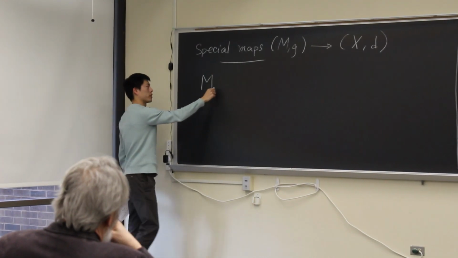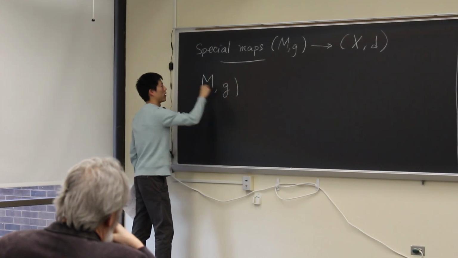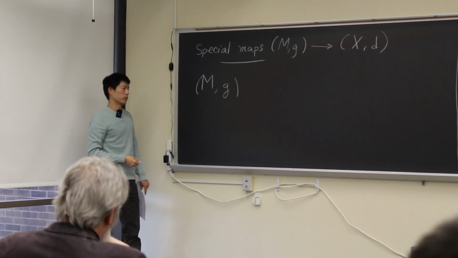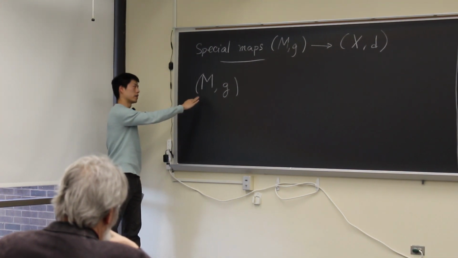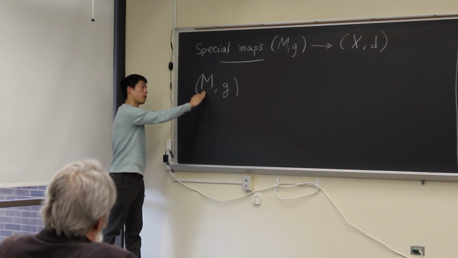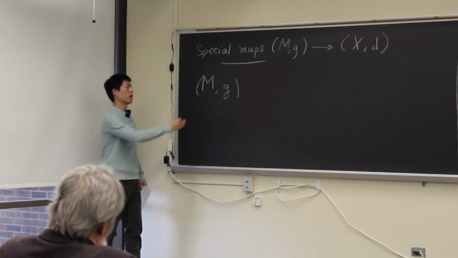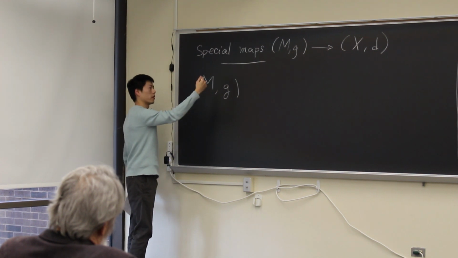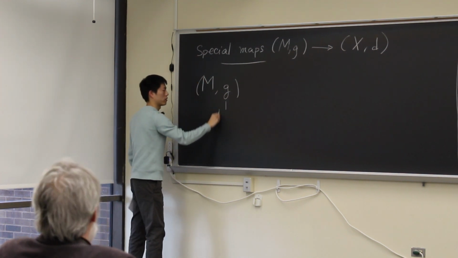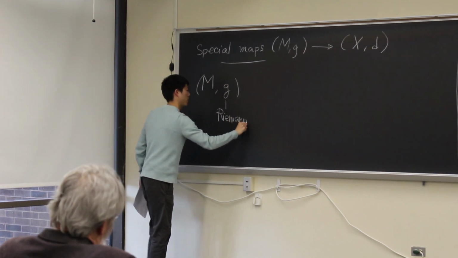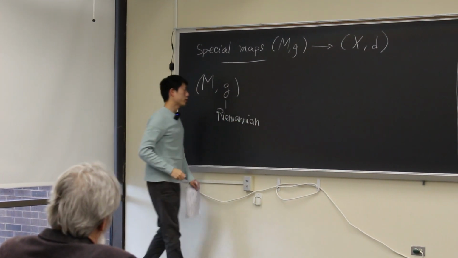So let me set up the stage. As a geometer, I want to understand Riemannian manifolds, and it's going to be a smooth manifold that you can consider, for now, as a closed, so compact without boundary, smooth manifold that you endowed with a Riemannian metric.